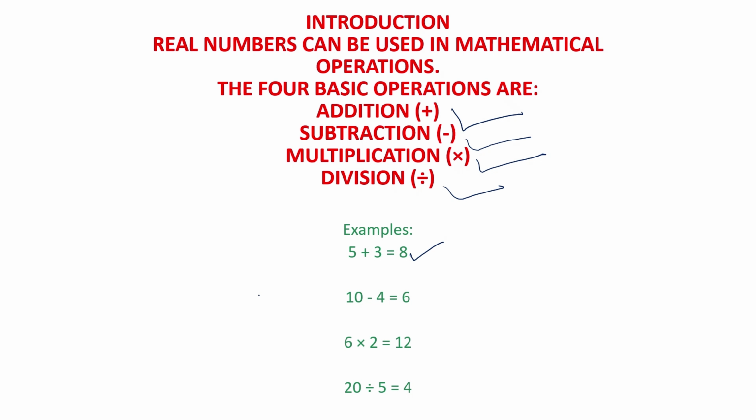This is an addition, and this simple addition could be done. 10 minus 4 is equal to 6. This is a subtraction. 6 times 2 is equal to 12. 20 divided by 5 is 4. I believe you understand this question.